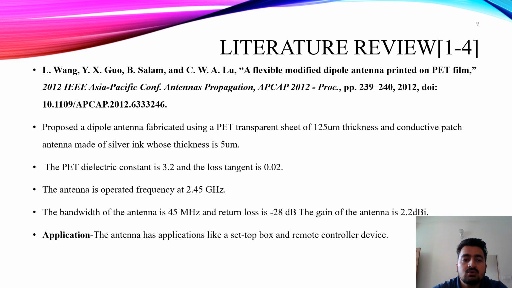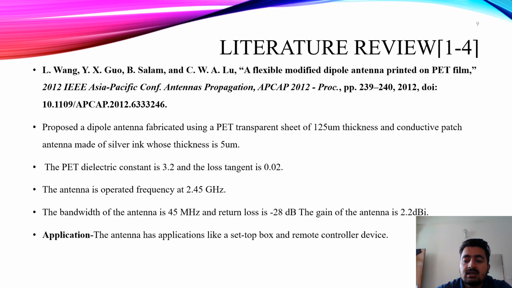paper's proposed antenna is a dipole antenna fabricated using a PET transparent sheet of 125 micrometer thickness, and the patch of the antenna is made of silver ink, whose thickness is 5 micrometer.